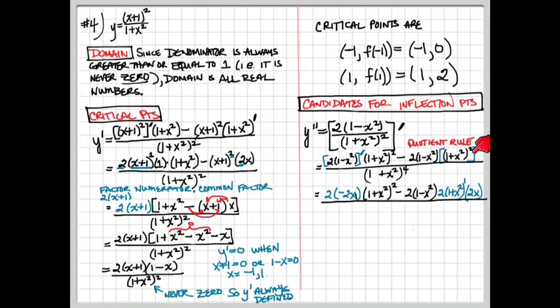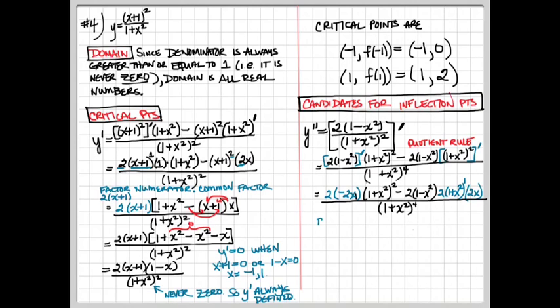And when I take the derivative here of 1 plus x squared squared, this is a chain rule where the inside function is 1 plus x squared and the outside function is stuff squared. So dealing with the outside function, we bring the 2 down in front. That gives us 2 times the stuff on the inside, the internal function 1 plus x squared, to the first power, times the derivative of the inside, which gives us 2x. And then we have to divide this by the denominator squared.